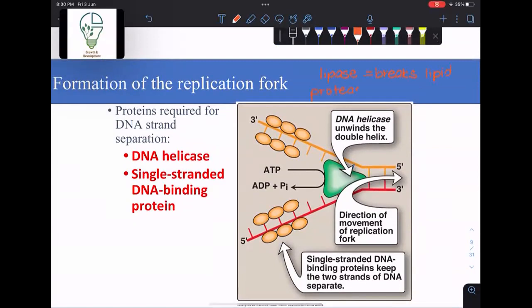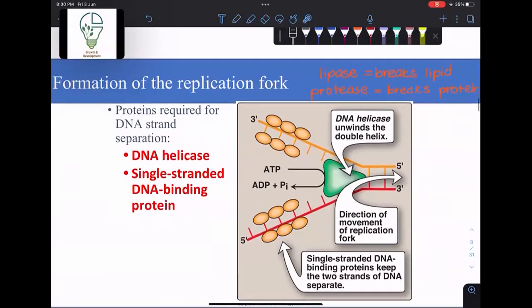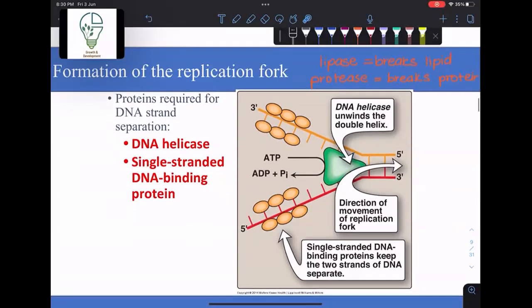And what does that do? That breaks down proteins. So similarly, we have an enzyme called helicase. And this enzyme breaks down the double helical structure, or the two strands of the DNA. So kind of think of it as a zipper, okay? This enzyme here is the zip, which is opening the two strands, all right?